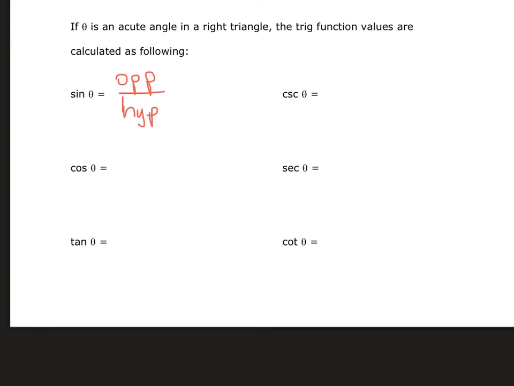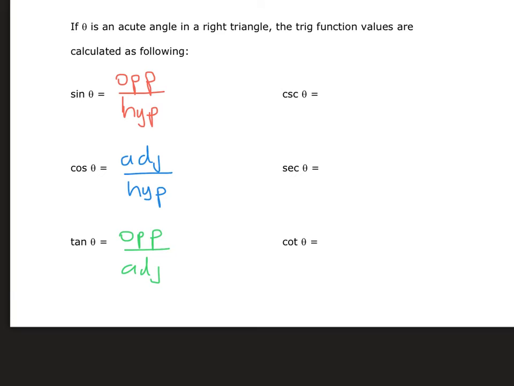The cosine is the adjacent length over the hypotenuse. The tangent is the opposite side length over the adjacent side length.